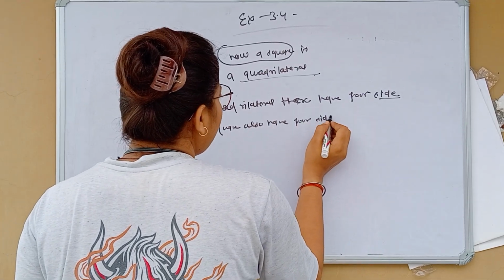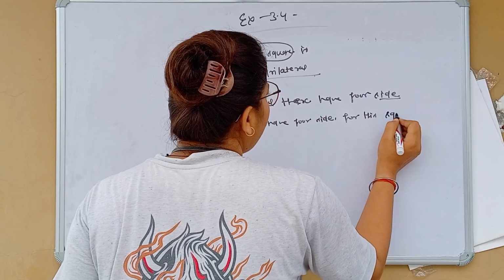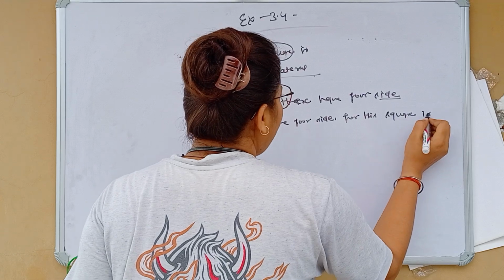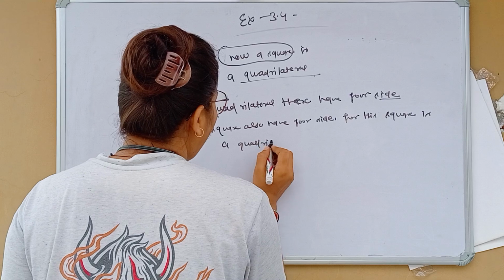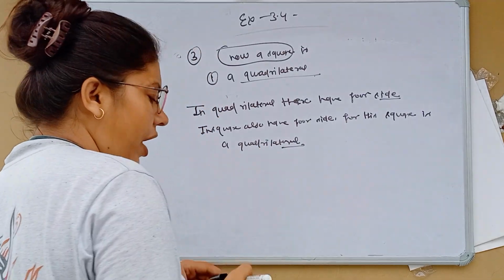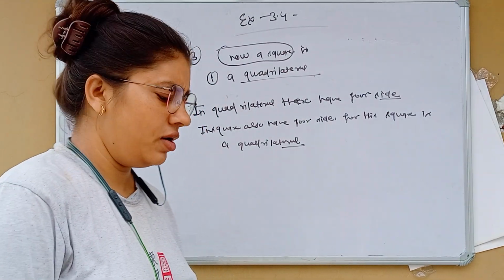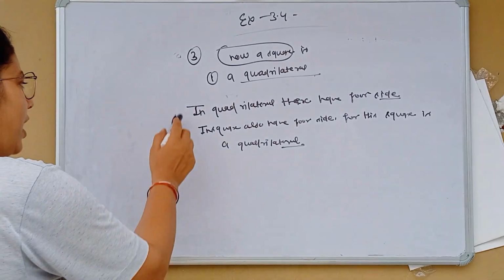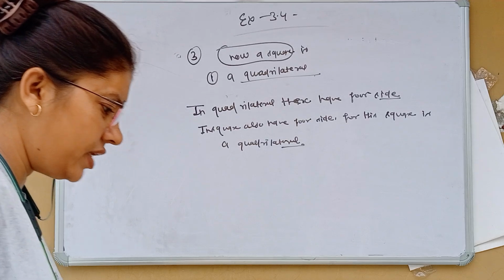For this reason, a square is a quadrilateral. We know very easily that a quadrilateral has four sides, and a square also has four sides, so we can easily say a square is a quadrilateral. You can write the reason in your copy like this. Write first, then understand the second question.